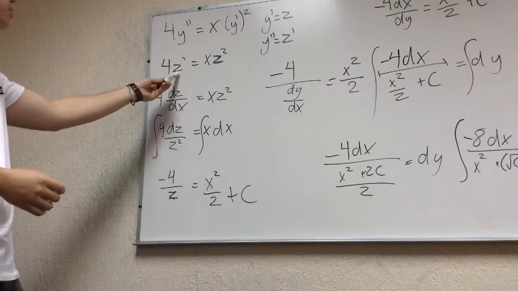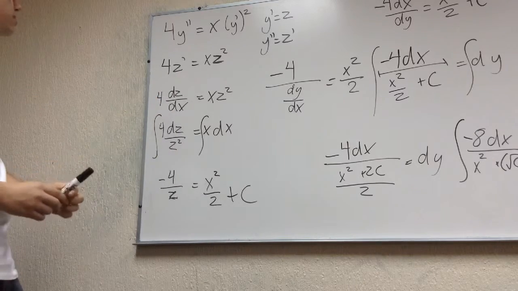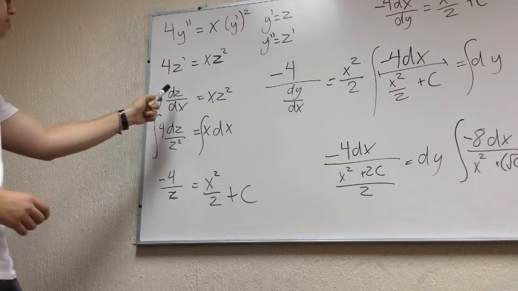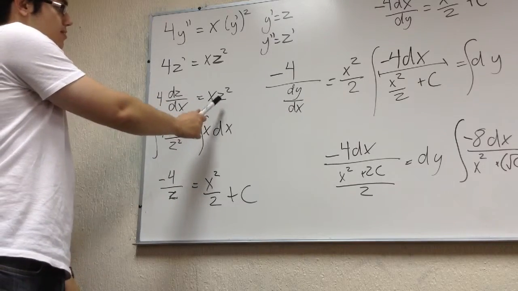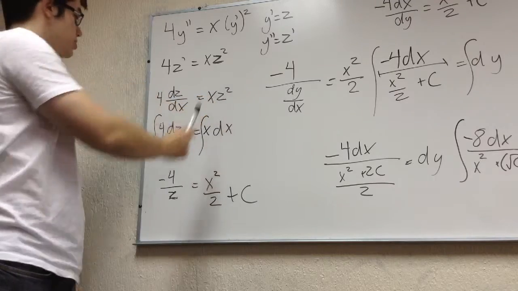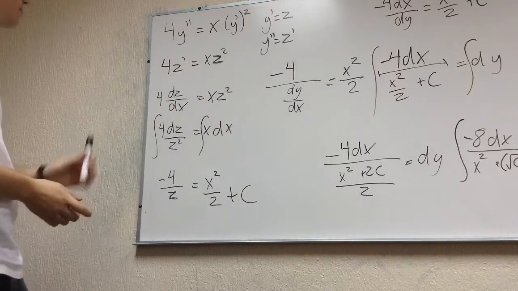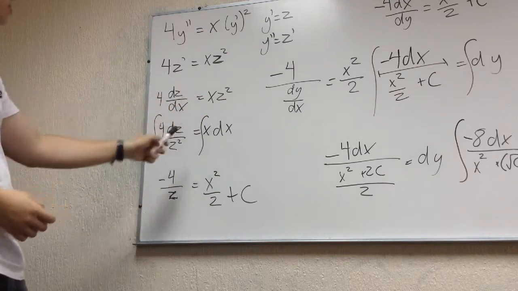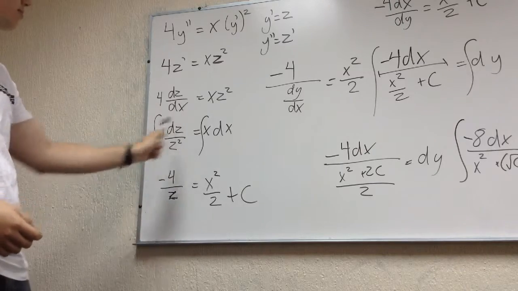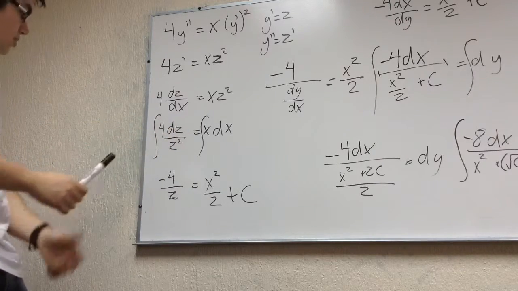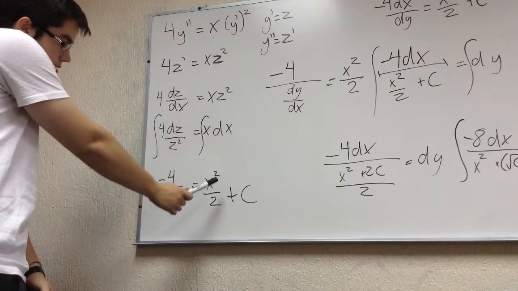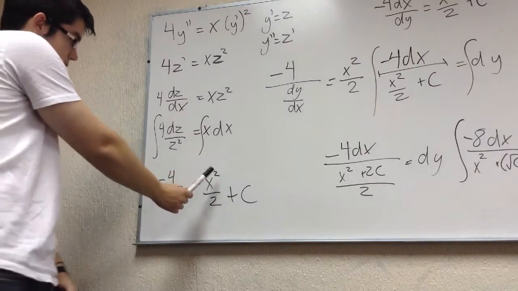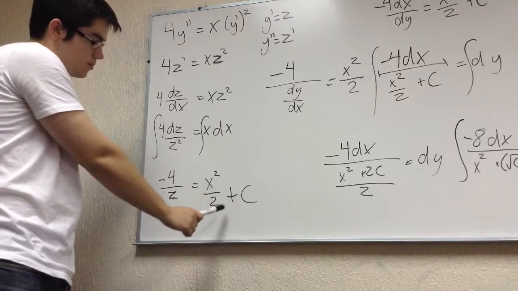So we change this one, and we have 4 dz over dx equals x times z squared. To get rid of this, we integrate both parts. So we have minus 4 over z equals x to the second power over 2 plus c.